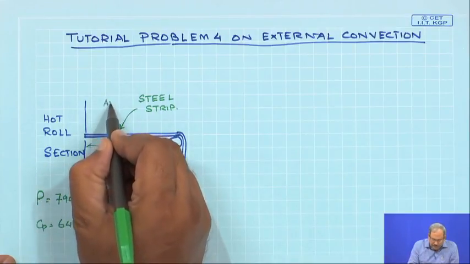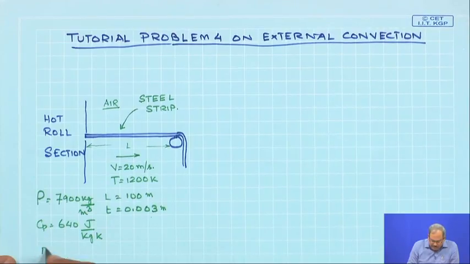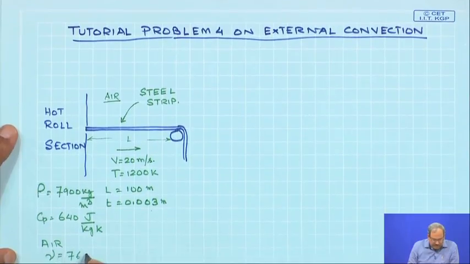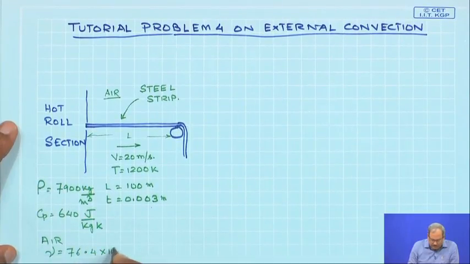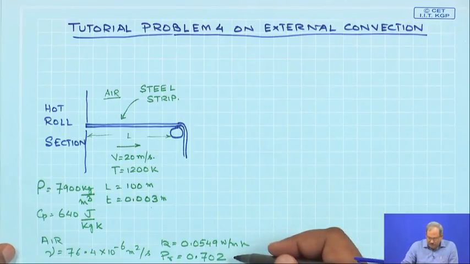This is exposed to air, the ambient is air, and for air the kinematic viscosity is given as 76.4 into 10 to the power minus 6 meter square per second, and the value of K, the thermal conductivity, is 0.0549 watt per meter Kelvin, and Prandtl number for air will generally be very close to 0.7. So, for this specific problem it is given as 0.702.